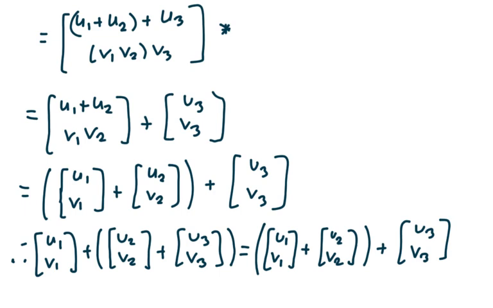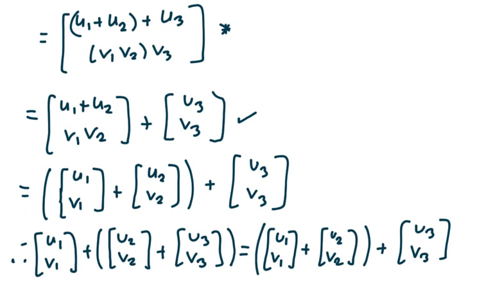So this is column vector u1 plus u2, v1, v2, plus column vector u3, v3. Now, in parentheses, we get column vector u1, v1, plus column vector u2, v2, and then I add u3, v3. And we have thus shown that the associative property works.